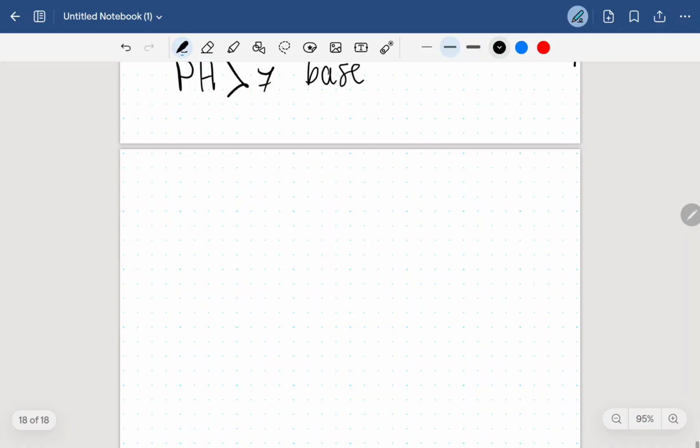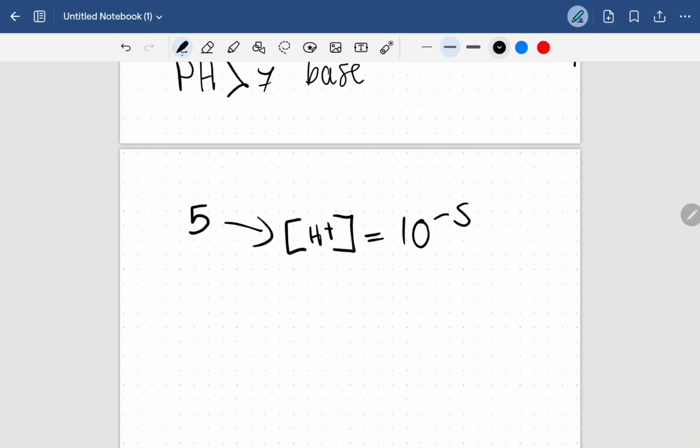Okay? Now, if they give you the pH, let's say a pH of 5, then the concentration of H would automatically, without even thinking about it, equal 10 power negative 5.